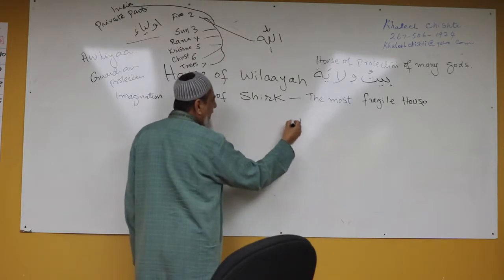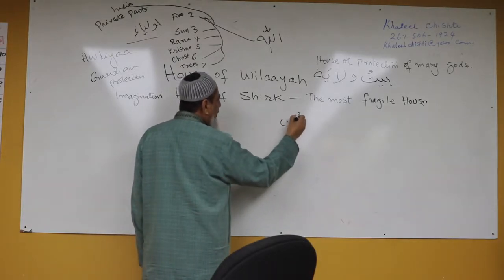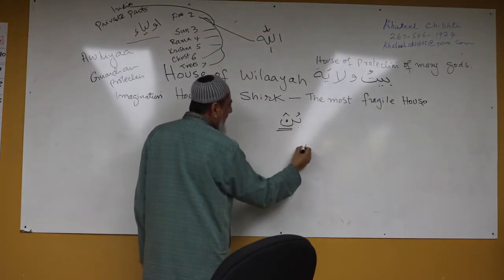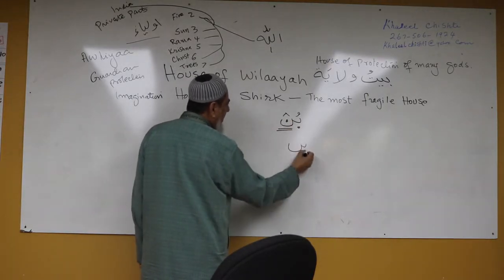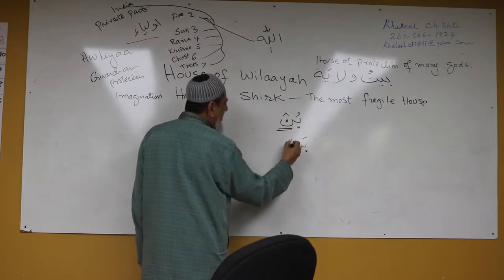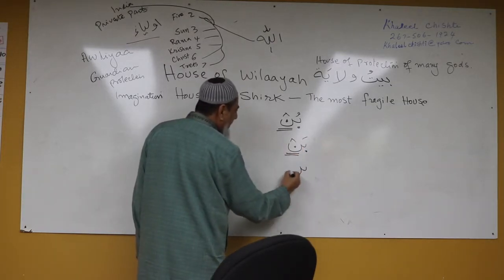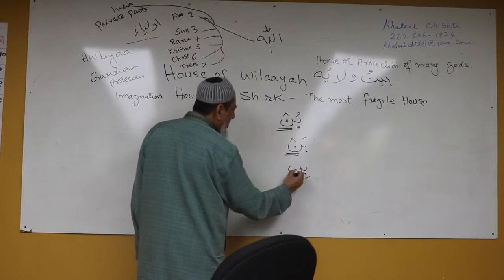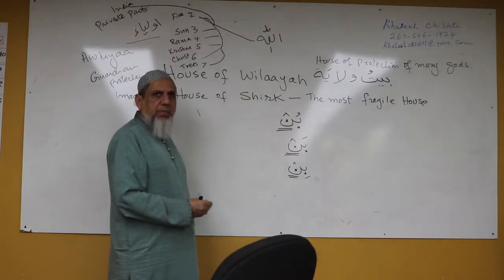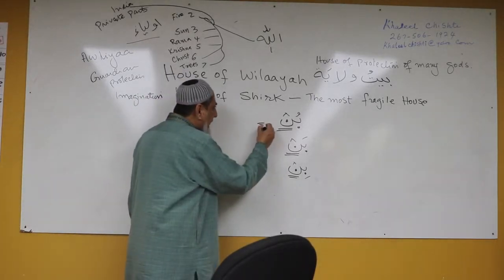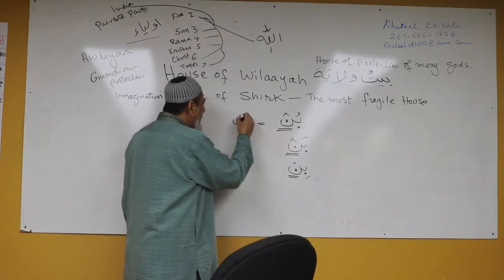You see, this is bun. You see here there is a noon sakin at the end. And what is this? This is ban. You see here noon sakin at the end. And what is this? This is bin. You see here, this is also a noon sakin. Instead of writing like this, the Arabs write with a tanween.